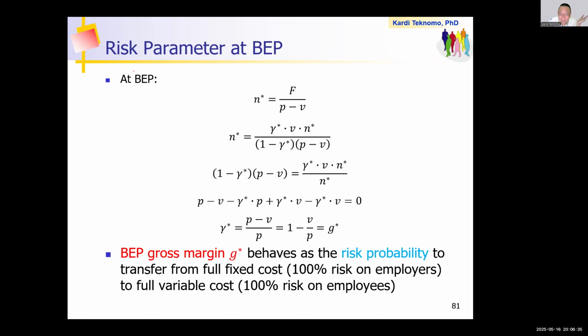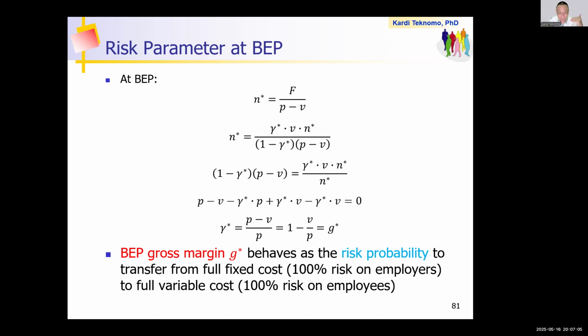But at PEP, this index is exactly the same as gross margin PEP. This is interesting. So apparently, PEP gross margin G star behaves like a risk probability to transfer from full fixed cost to full variable cost.